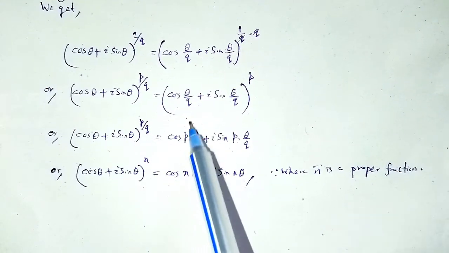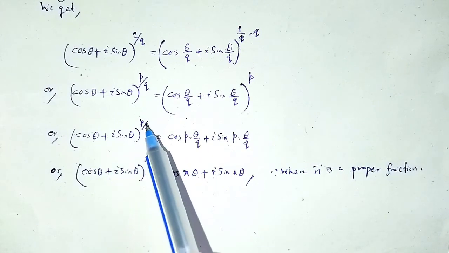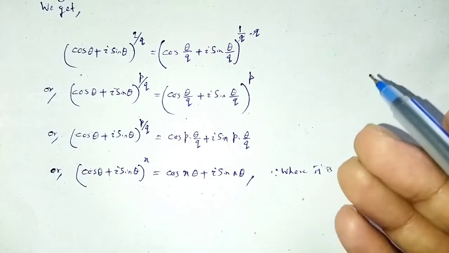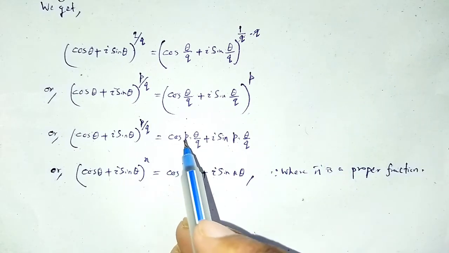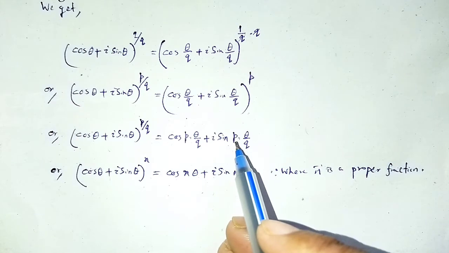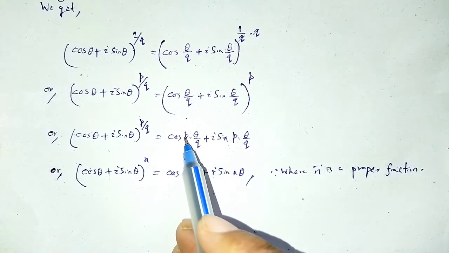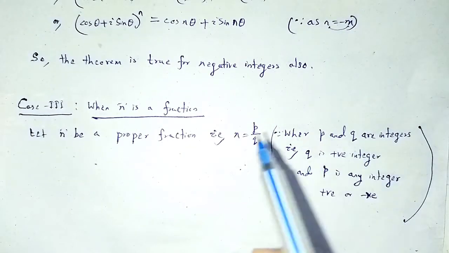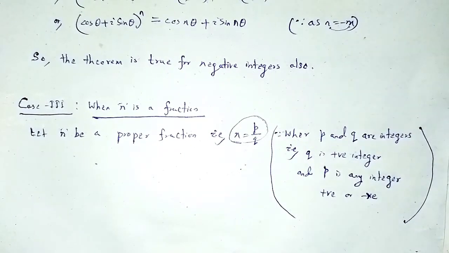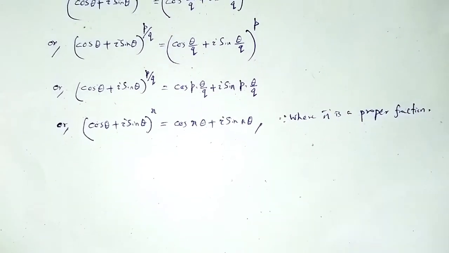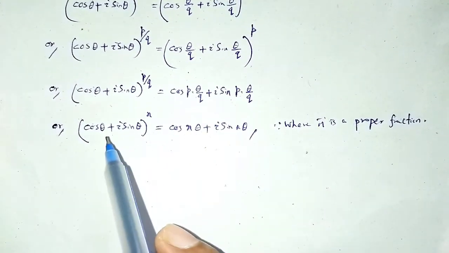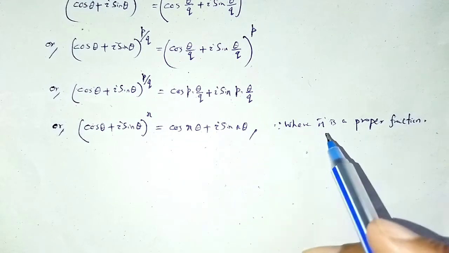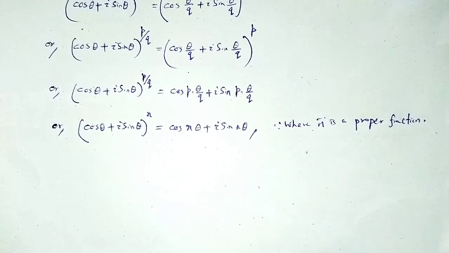So we have (cos theta plus i sin theta) to the power p by q is equal to, as we use the case number 1 condition, cos p into theta by q plus i sin p into theta by q. Here p by q is equal to n, so in place of p by q we substitute n. So (cos theta plus i sin theta) to the power n is equal to cos n theta plus i sin n theta. Here n is a proper fraction.